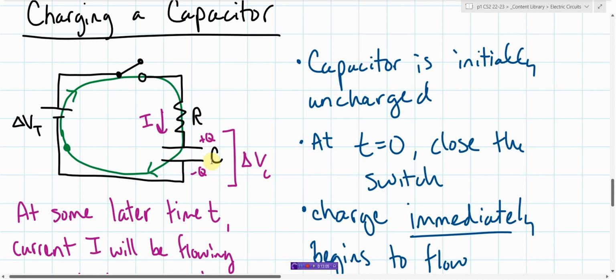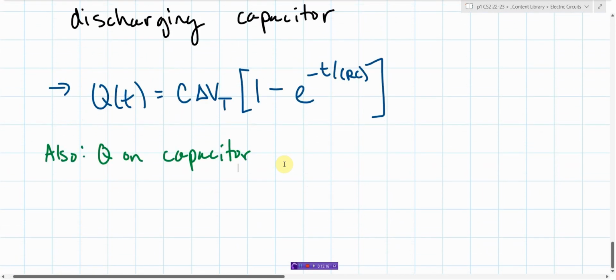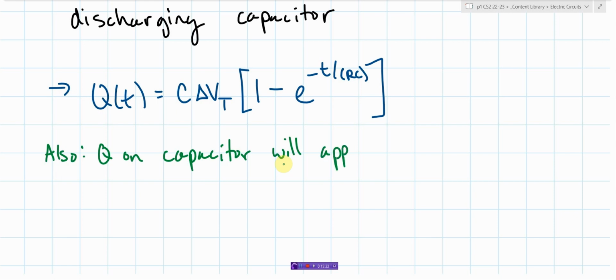Basically the limit is how much charge it has when delta VC is equal to delta VT, if that makes sense. So the charge on the capacitor will approach a final value that we're going to call QF.